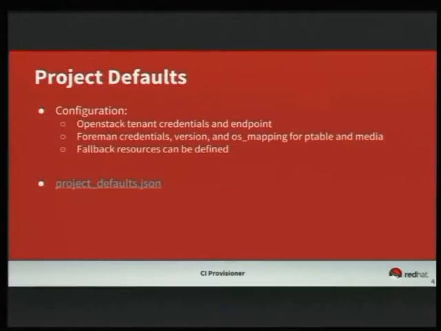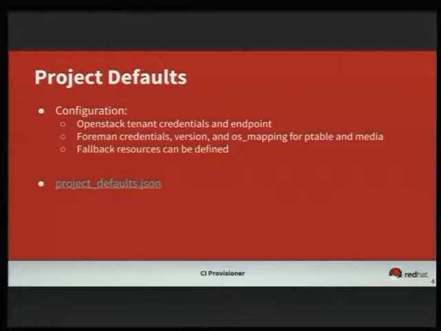Next slide. So, like I said, the project defaults is really what describes the OpenStack tenant, since you have specifics for your tenant in OpenStack. You don't have access to the entire OpenStack environment. Any Foreman credentials, version, and the OS mapping of your partition tables and media can all be described in the project defaults.